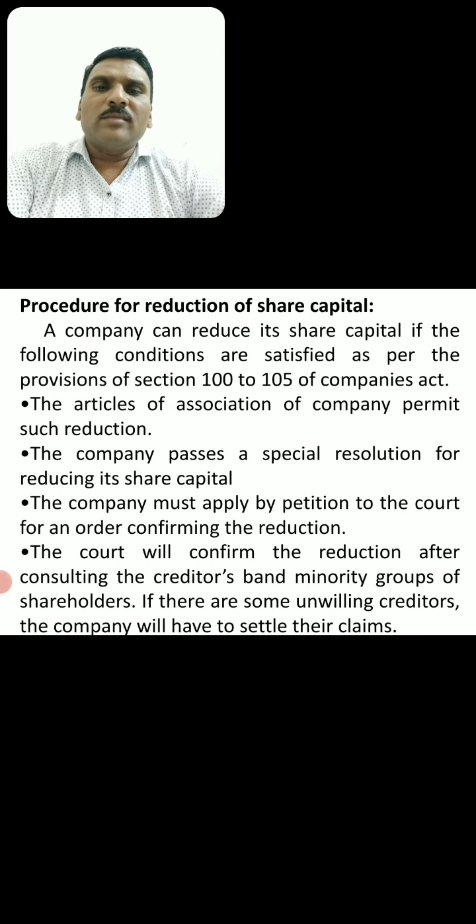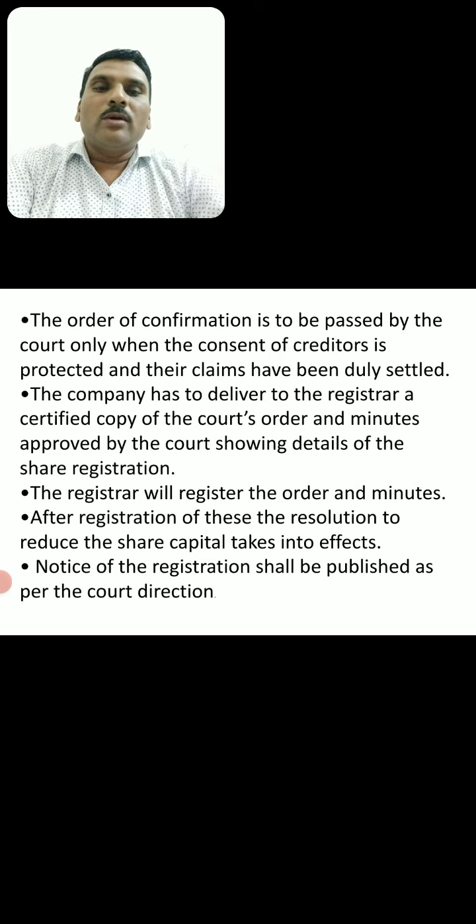If there are unwilling creditors, the court will order the company to settle their claims first. After settling only, the order will be passed. Without settlement of the unwilling creditors, the court will not pass any order for reduction of share capital.